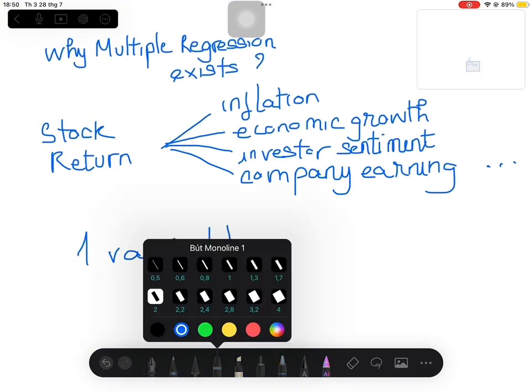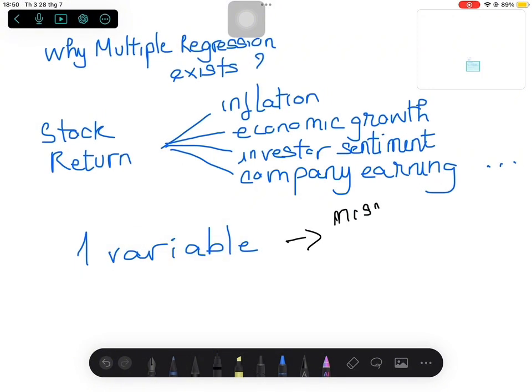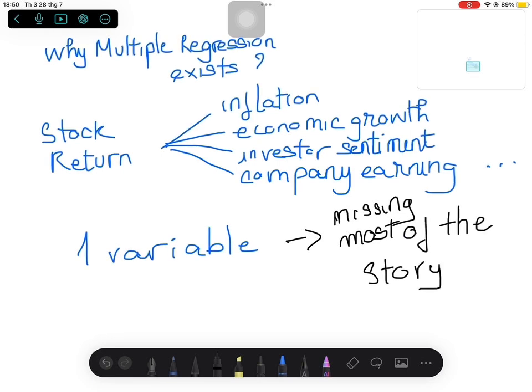So, if we only study one variable at a time, we are missing most of the story. Multiple regression solves this problem. Instead of asking whether advertising affects sales, it asks how much advertising affects sales after controlling for income, inflation, and every other important factor.